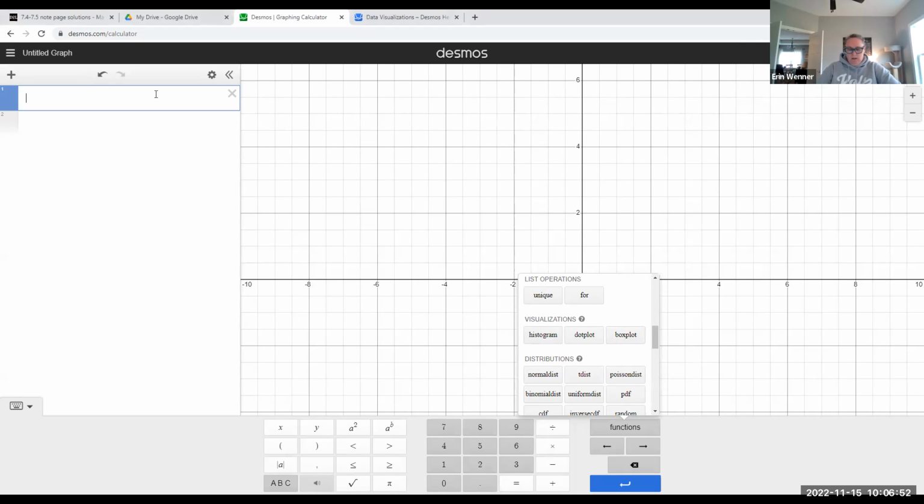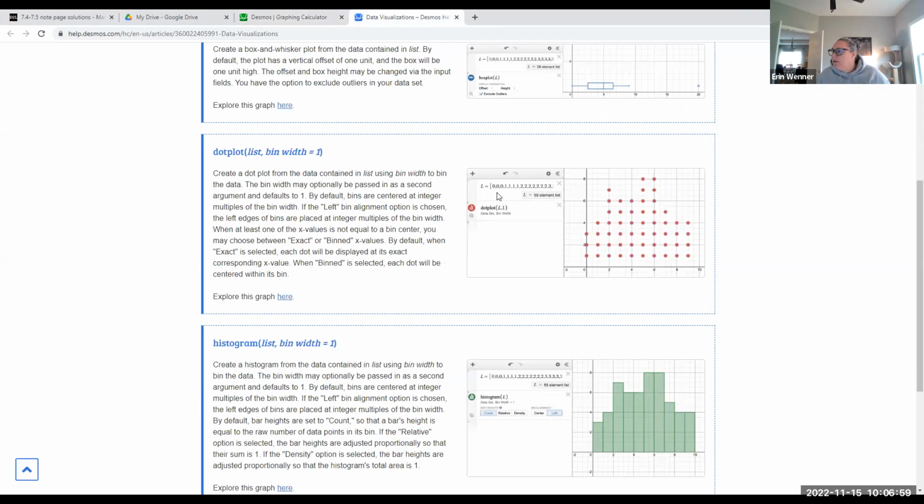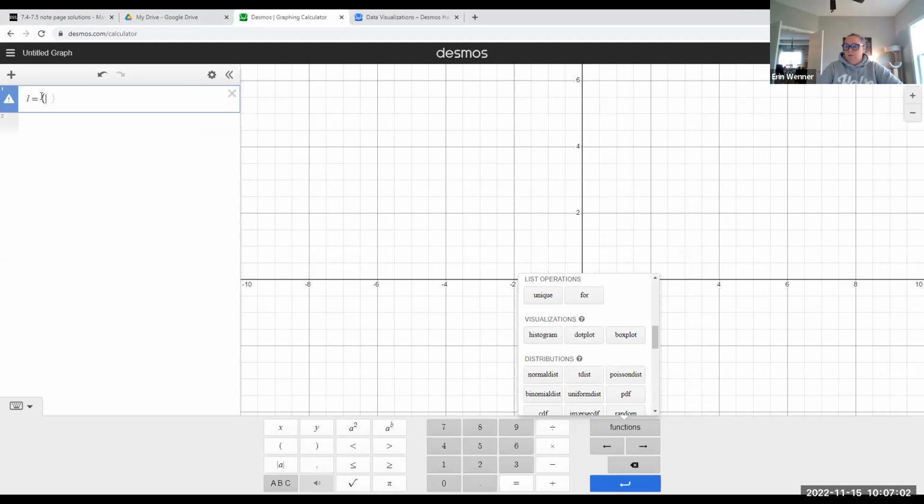So we're going to say L equals, and then in square brackets, let's say we do 1, 2, 2, 3, 5, 7, 9, 9, 9, 10. Okay, so there's our list, right? So L is a 10 element list.